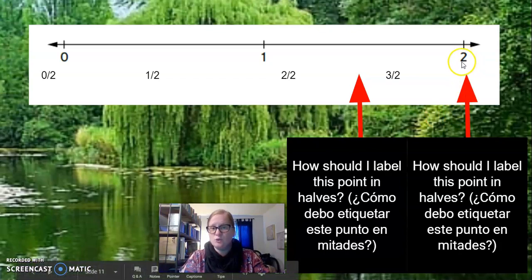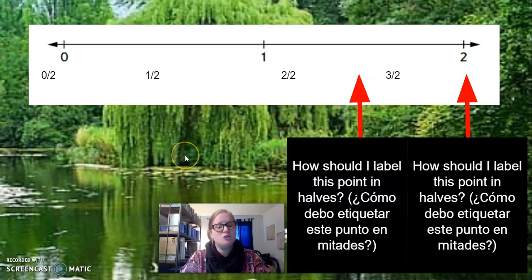How should I label this point right here? Now I'm at 2 wholes. How many halves make 2 wholes? We've gone over this before with the pink fraction circles. How many of those pink fraction circles did it take to make 2 wholes? It would be 4 halves, okay? Which is interesting because 4 divided by 2 is 2, right?